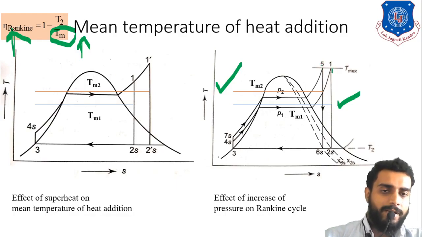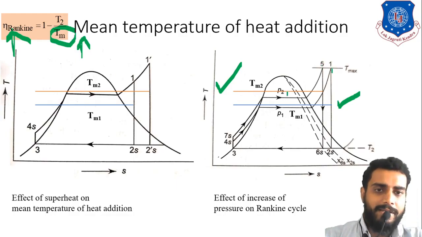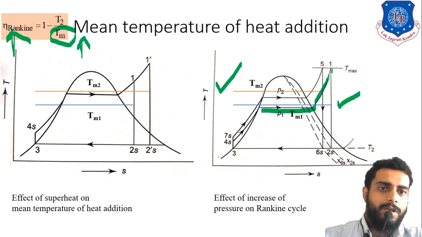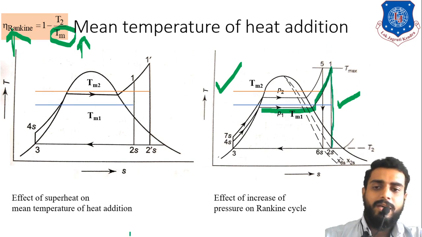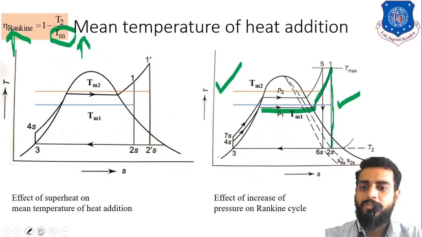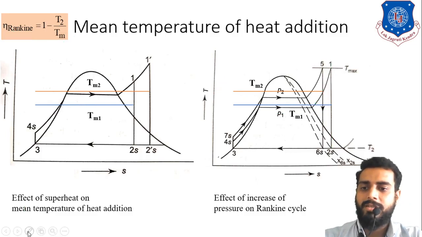See, observe over here, if the pressure is 1 bar, that is this lower line, then at that point the expansion in the turbine takes place during this process, that is 1 to 2s, right?